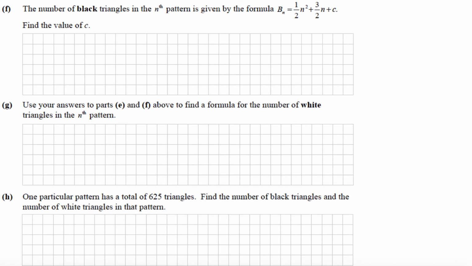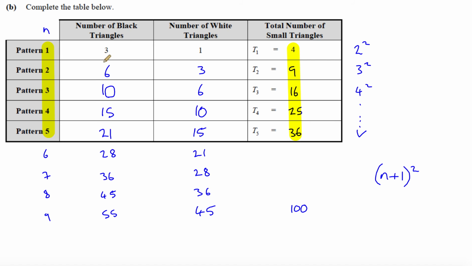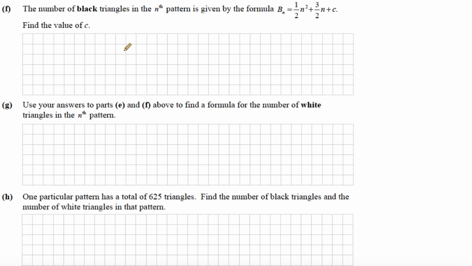Well, if we go back here, we can see for the black triangles, pattern 1 has 3 black triangles. So we can say, if Bn is this, then B1 we know is equal to 3.